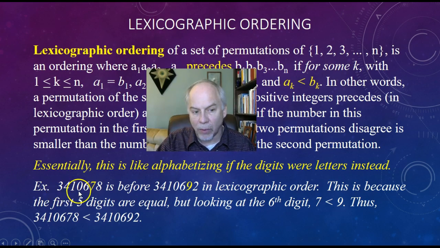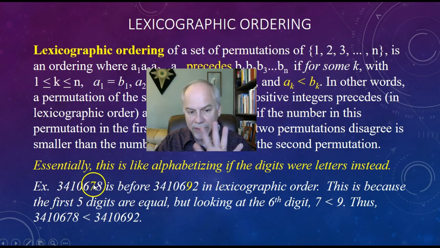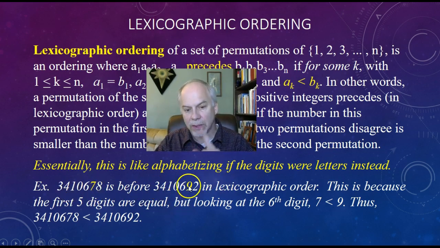The number 341067 is in lexicographic ordering before, or it precedes, 341069. Now notice the first several digits, the first 5 digits, 34106, are the same in both numbers. And then you compare the next digit, the 7 with the 9.